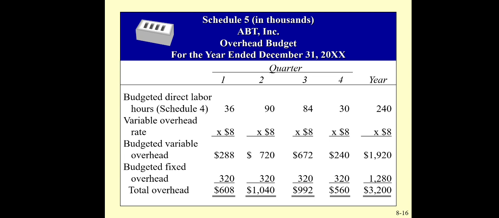And then last week you have also seen that the process to prepare the master budget starts with preparing the sales budget first. The company has to estimate the quantity of sales, how many units they think they can sell in the next quarter or in the next month or in the next year.